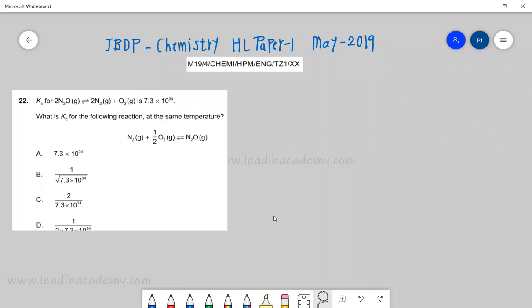Let's look into this interesting question from chemical equilibrium. Question number 22. Kc is given for this reaction.